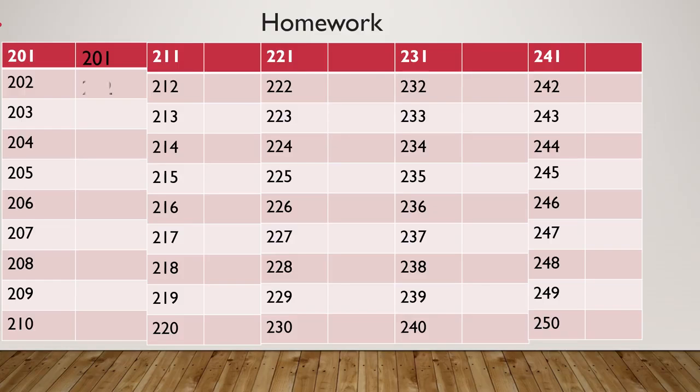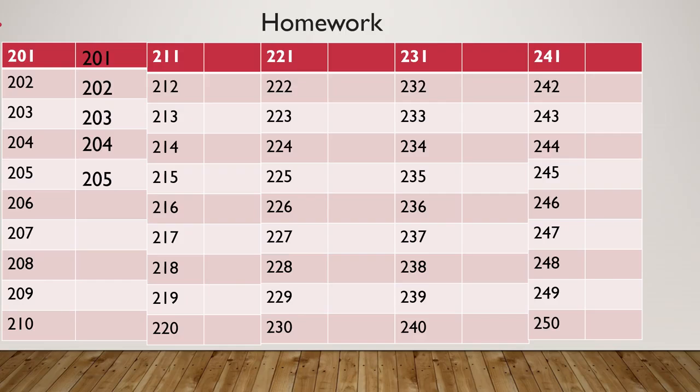Then I will write here 202, 202. Next is 203. Then I will write here 203. Next is 204, 204. Then I will write here 204, 204. Next is 205, 205. Then I will write here 205, 205.